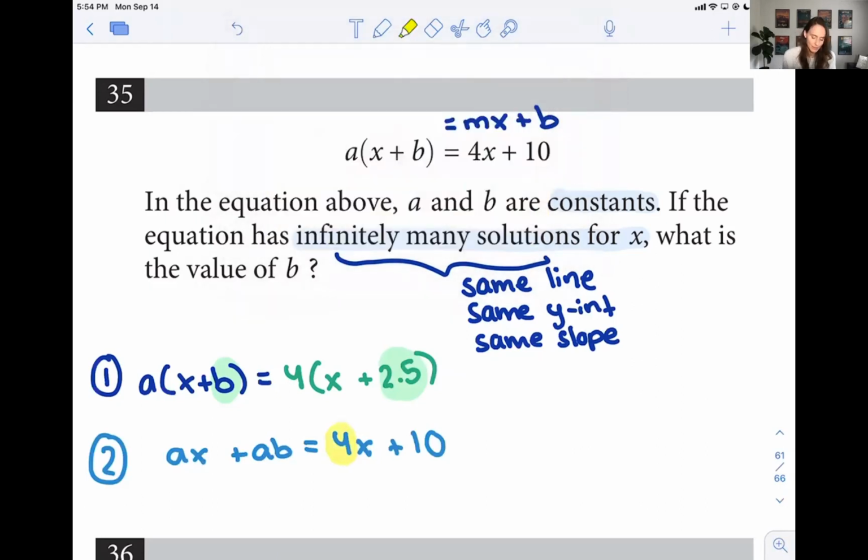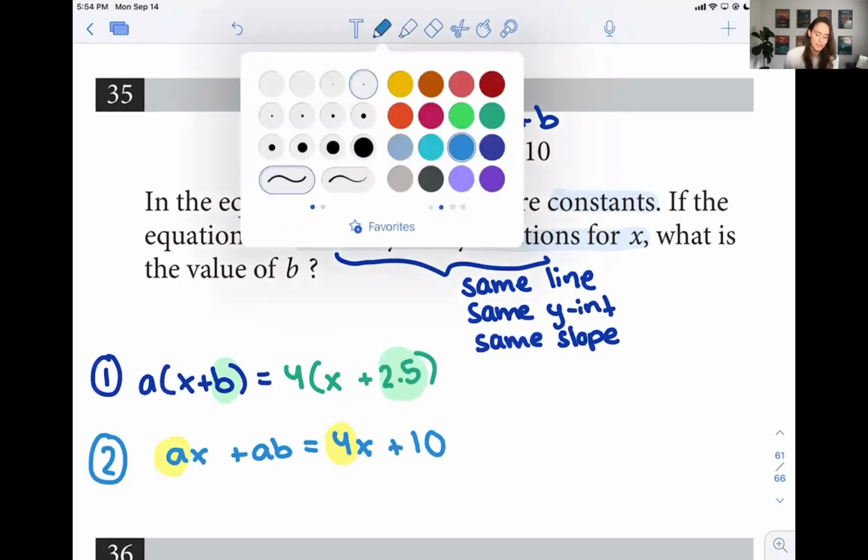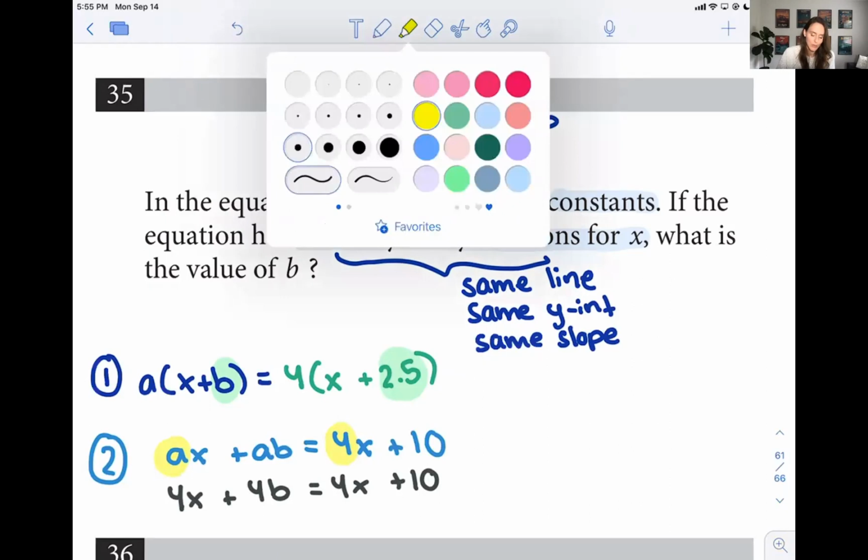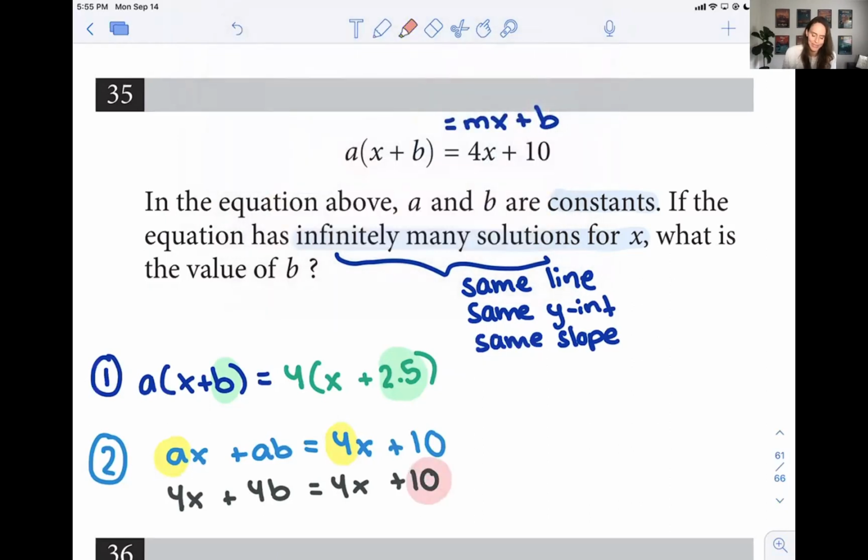So that means my A also needs to be 4 because they have the same slope. So I would have 4x plus 4b equals 4x plus 10. They also have the same y-intercept. So I can go and grab that 10, that y-intercept, and say that has to equal 4b. And then say that 4b equals 10.